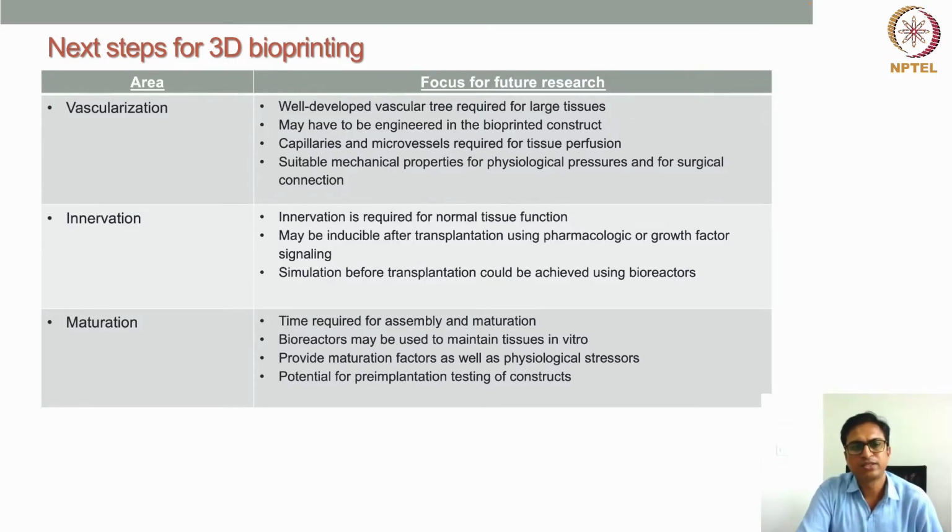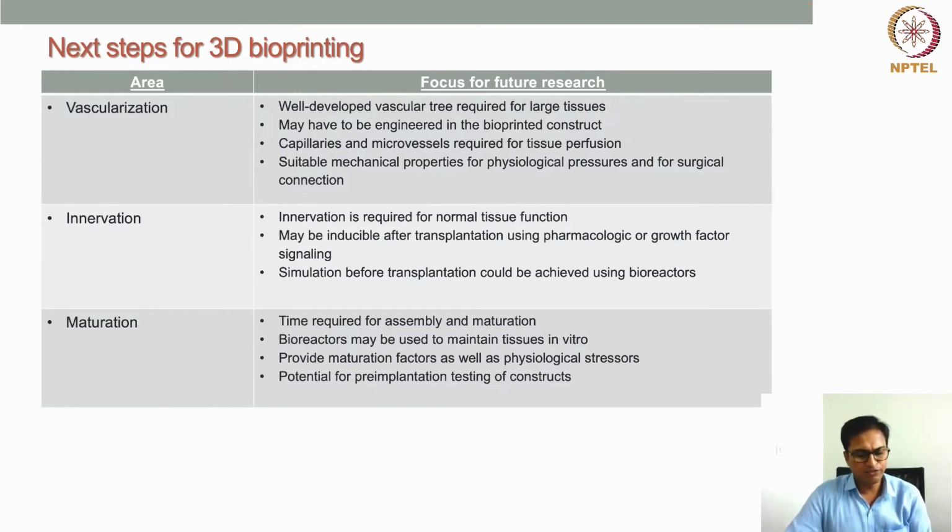As we are discussing, a well-developed vascular tree is required for large tissues, and it is very important for generating a particular tissue or organ structure.